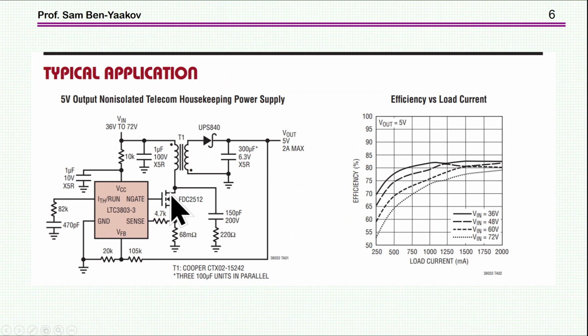It's an outside transistor. Here is the sense resistor for the current. This is now the feedback. Inside we'll have the error amplifier. This is the compensation network. We are going to talk about it. So this is an upper level controller which has many functions in it. We can then realize this flyback converter.